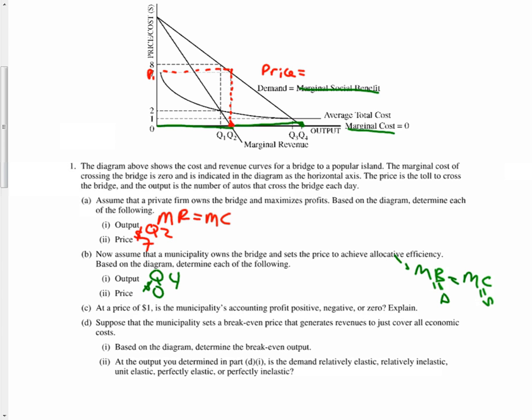So part C then goes on to something else. At a price of $1, is the municipality's accounting profit positive, negative, or 0, and explain. Now, this might be tricky because if you're thinking right away, well, at a price of $1, let's go over. Average total cost equals price, so we're making 0 economic profit, and that's the key.